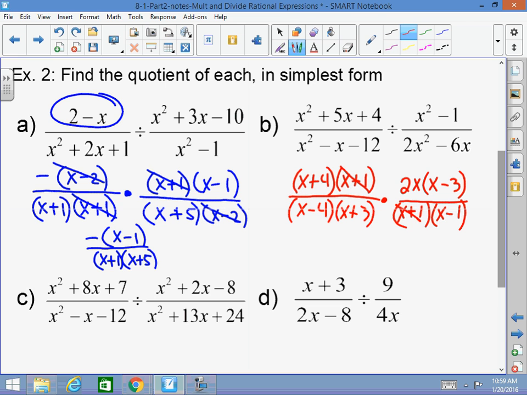X plus 1's cancel. And wow, that's it in this case. Yep, that's it. So this is a 2x times x plus 4. Sometimes a lot of things cancel, sometimes not so much. And then this is an x minus 4, an x plus 3, and an x minus 1.